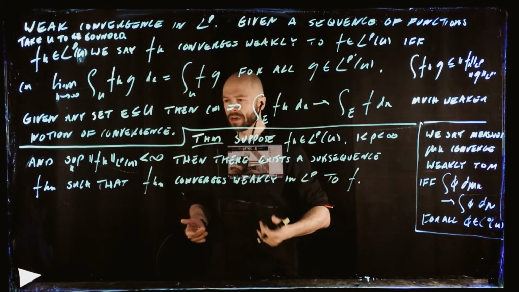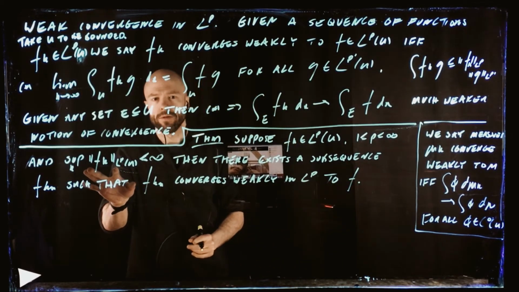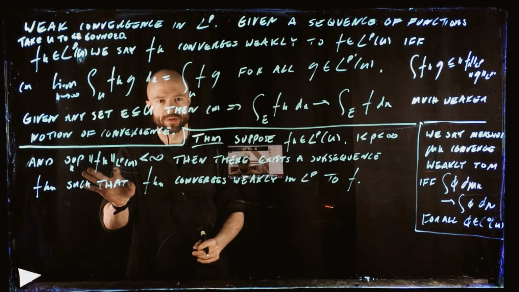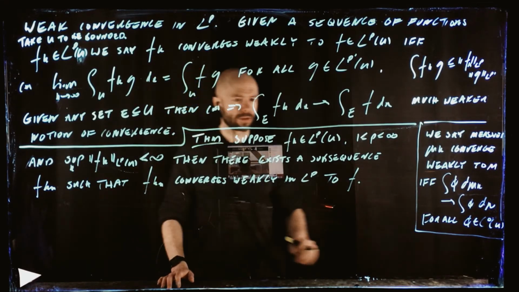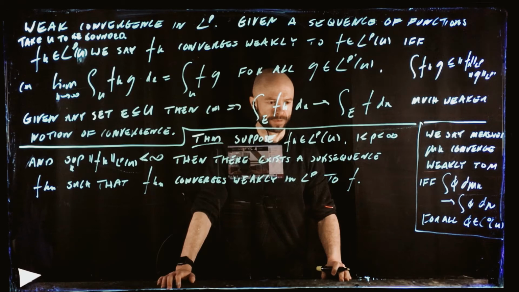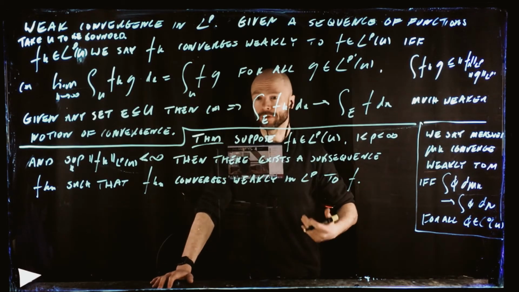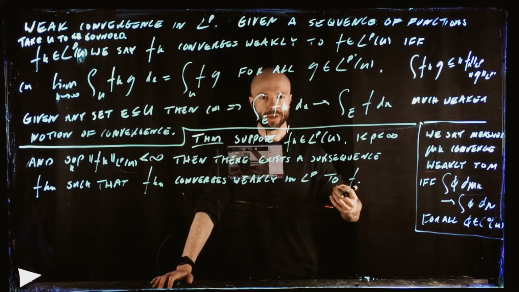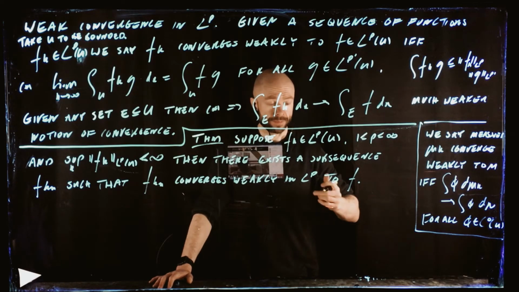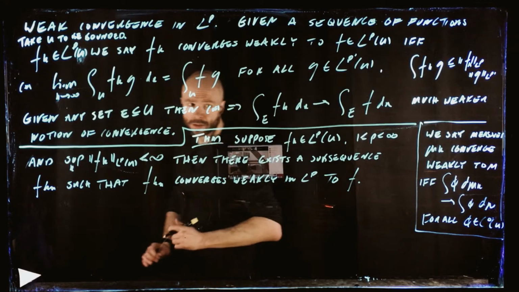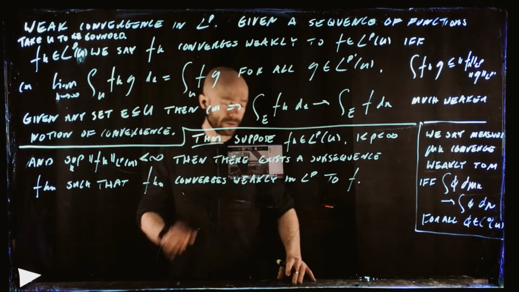So it's a relatively mild condition to just have that the norm is bounded, but from this we can extract a subsequence that converges weakly to some limit. And of course, that's absolutely not true if we consider strong convergence in L^p. That's absolutely false.